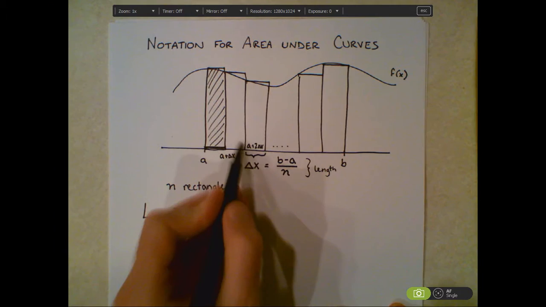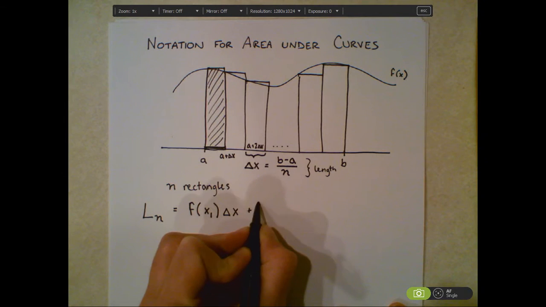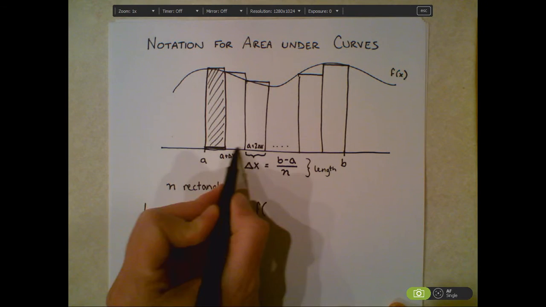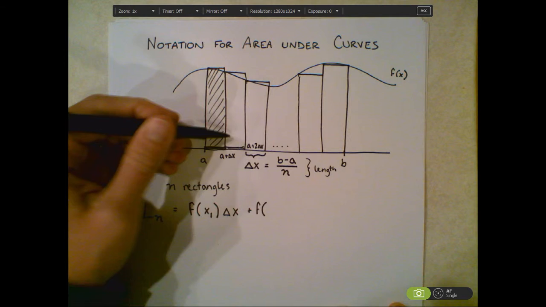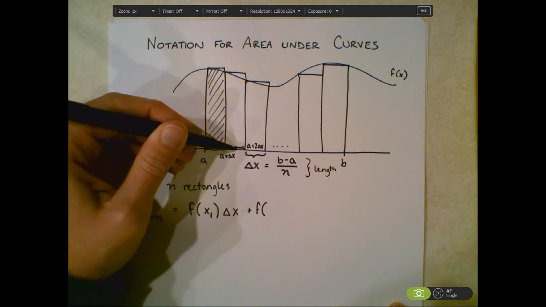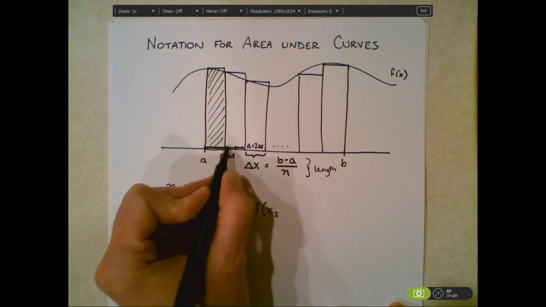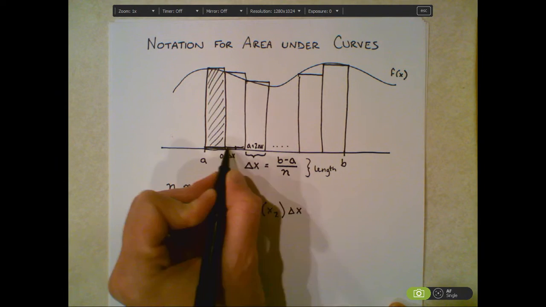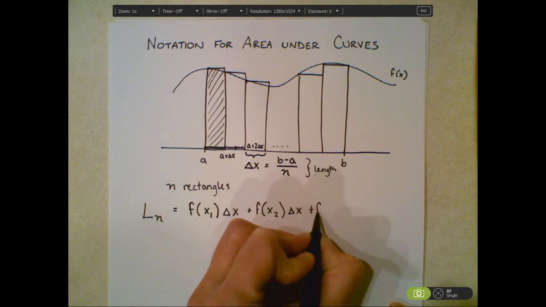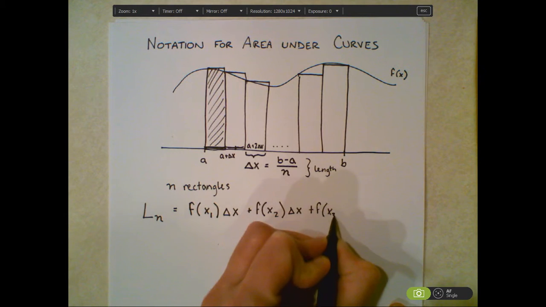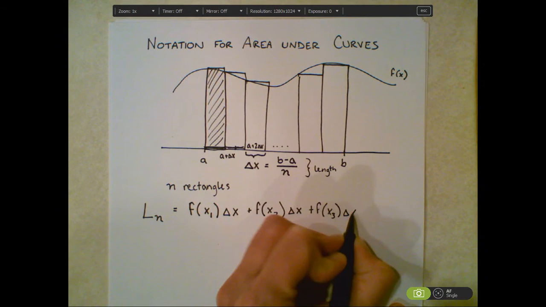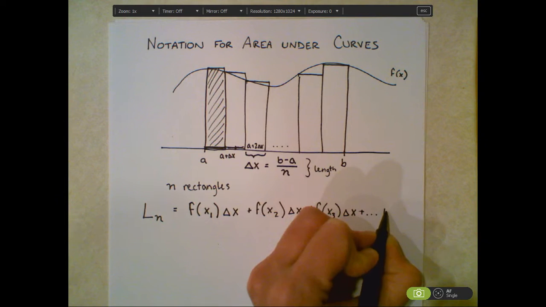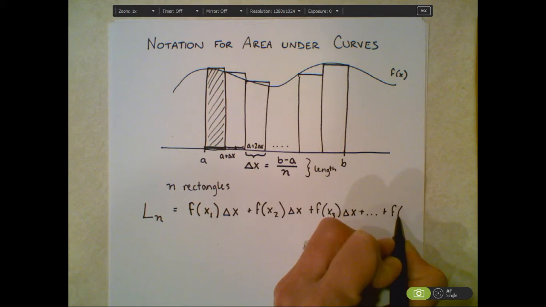What about the area of my second rectangle? It's going to be the height of some point in here, which I'm going to call x2 because it's living within my second rectangle, times the width of that rectangle, plus f of x3 times delta x plus dot dot dot plus f of x.